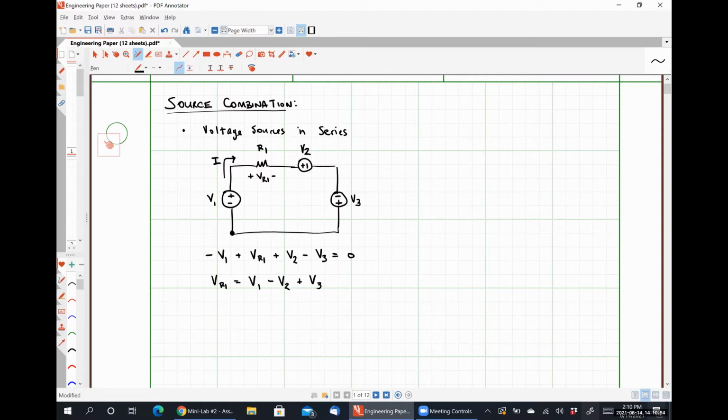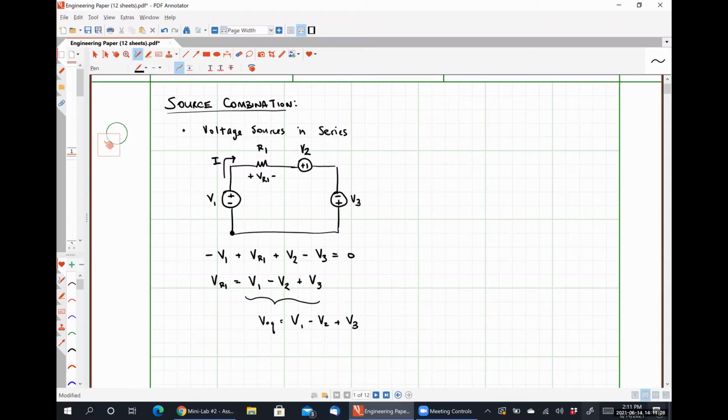From the perspective of the resistor, then, we can see that it sees an equivalent voltage, VEQ, is equal to V1 minus V2 plus V3. Where our directions for adding together our voltage sources are simply those that have the same polarity. So the current enters the negative terminal first, get added together, and from that we subtract the voltage where the current enters the positive polarity first.